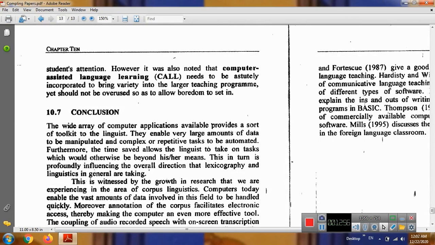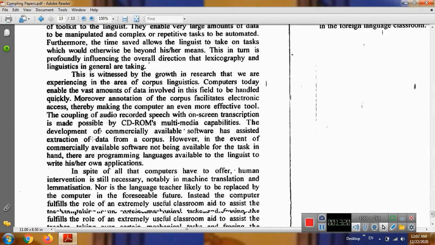However, it was also noted that computer-assisted language learning, CALL, needs to be thoughtfully incorporated to bring variety into a larger teaching program, yet should not be overused so as to allow boredom to set in.